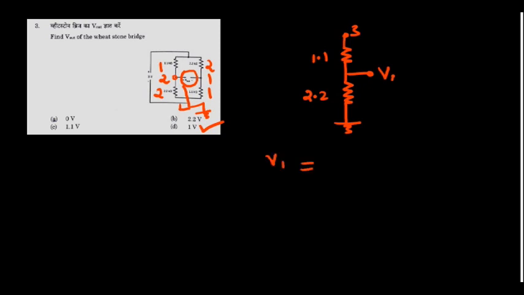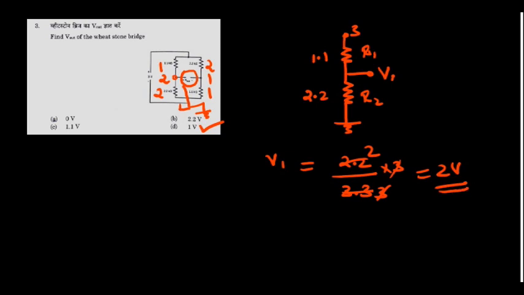V1 equal to R2 upon R1 plus R2, so 3 times 2.2 upon 3.3, which gives you 2 volt. Now you yourself find the next branch, and you can get the answer.